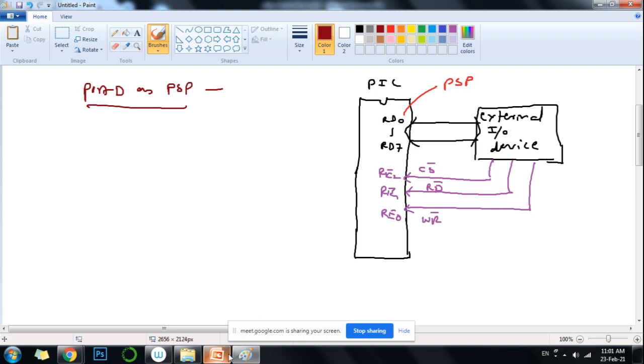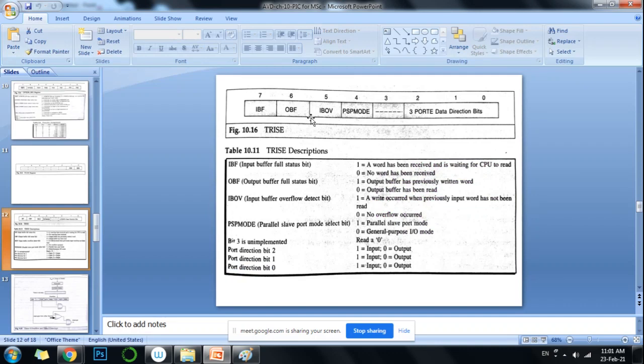Similarly, output buffer full is typically used when data is being sent from the CPU to the external device. Suppose the CPU is sending a series of bytes to the external device, first byte, second byte. When one byte is sent out, the OBF signal will become active.